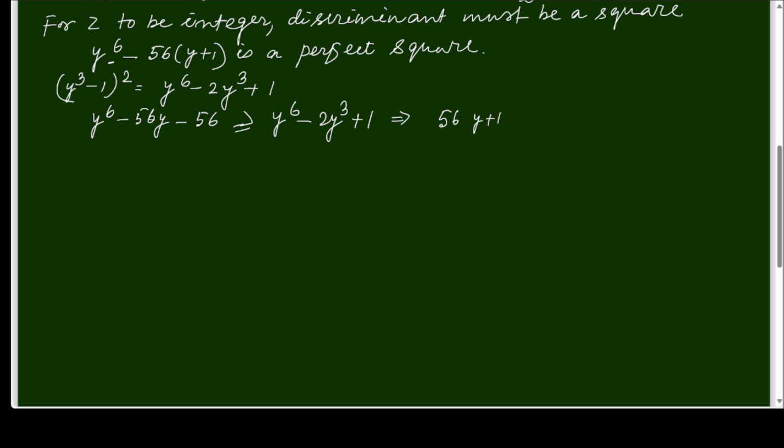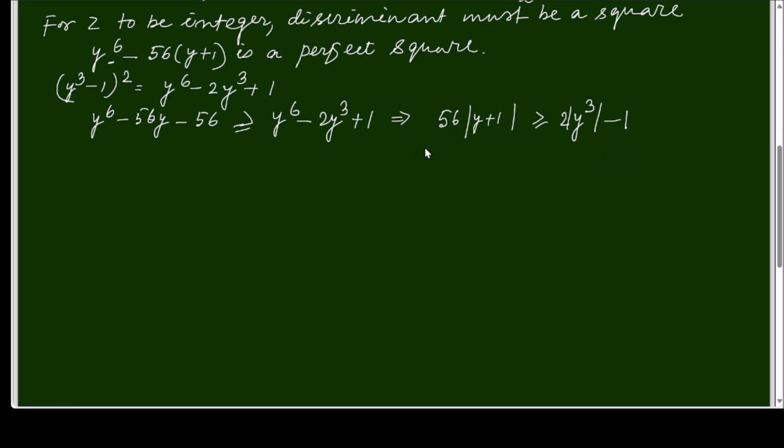Here we are getting a positive value. So 56 times |y + 1| must be greater than or equal to 2 times |y^3| minus 1. So this is the condition.